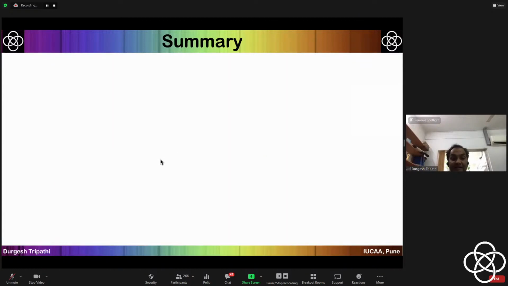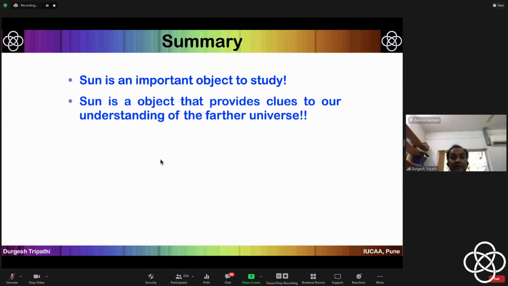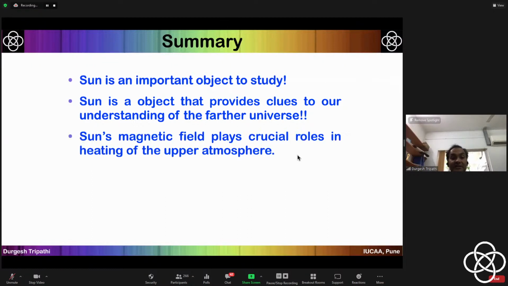Okay, so let me summarize this before we go to the next point. I hope I've made it clear that the sun is an important object to study, and it provides clues to our understanding of the farther universe because it's the closest astrophysical object.